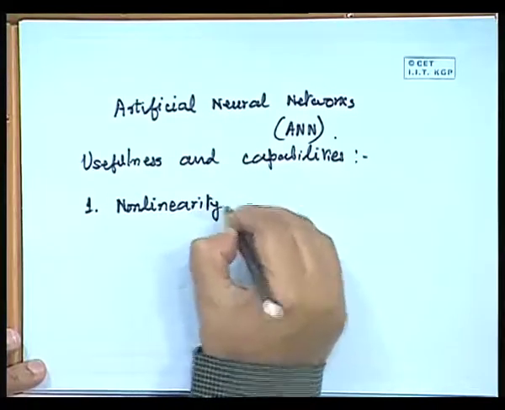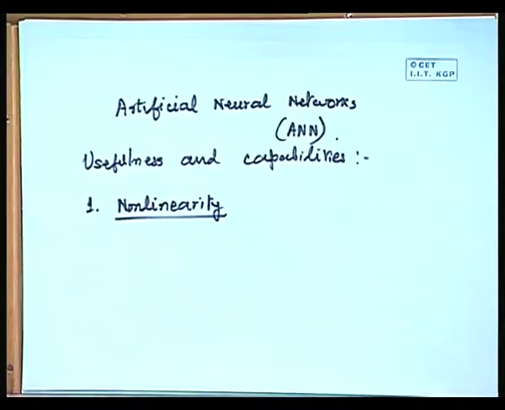Now I think all of you should be able to understand the terms linearity and non-linearity. Basically, if there is a system where we give a set of inputs and we expect some output out of it, we call the system linear if the relation between the output and the input can be best described in terms of a simple linear equation.